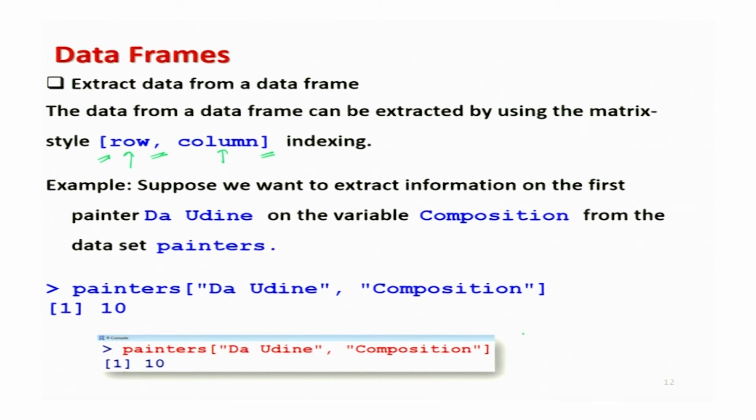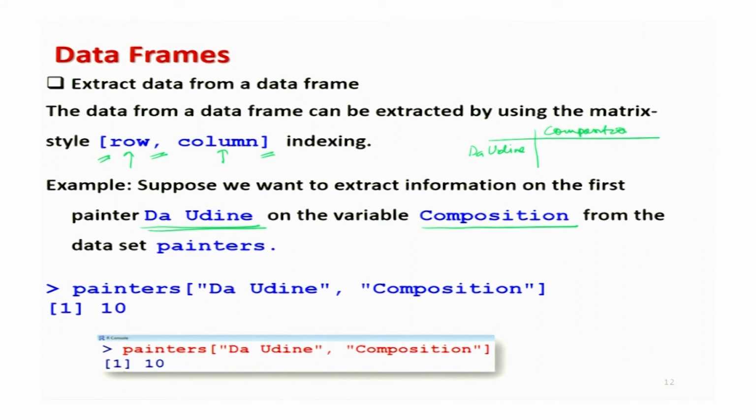It will give you the value which is available at that particular row and column's intersection, right. Suppose you want to extract the information on the first painter, which is here Da Udine, and you want to see the value of the composition. If you try to recall, Da Udine is in the row and composition is in the column.